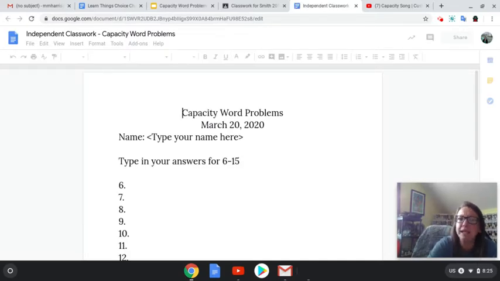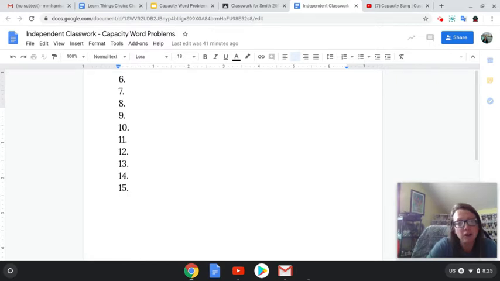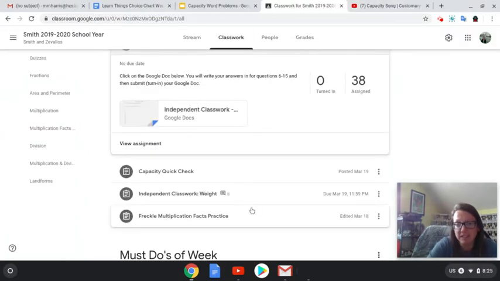And everybody has their own copy. So then all you have to do is type right here. And then you're going to type in your answers for 6 through 15 and then turn it in. You will click submit. When you finish it, it will have a turn in or a submit button that you can turn in to me and I'll be able to see it.